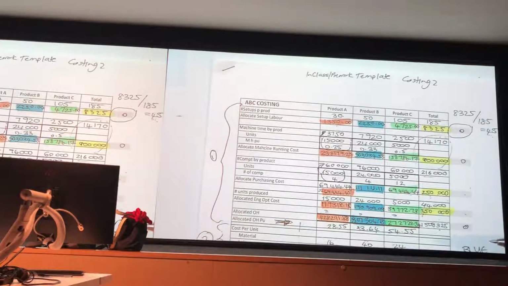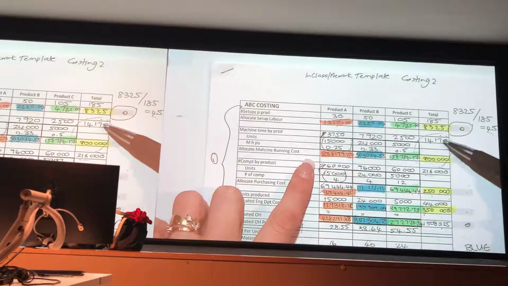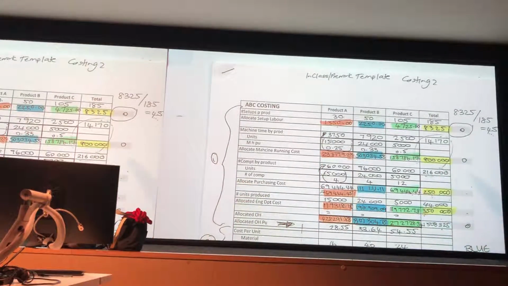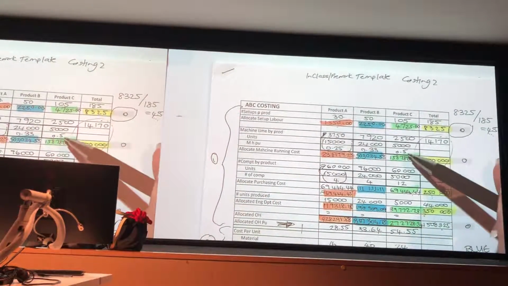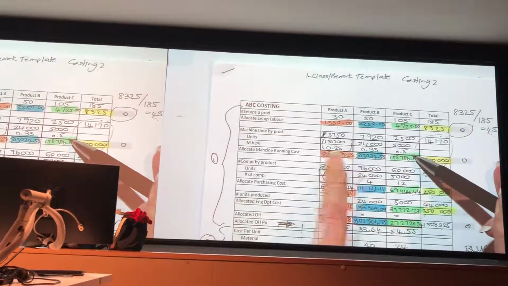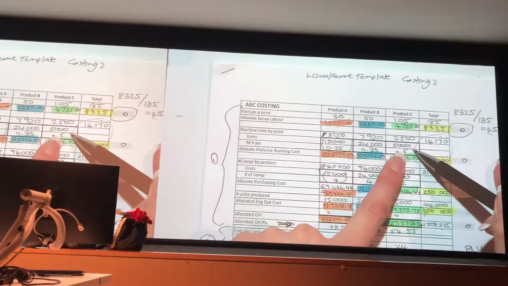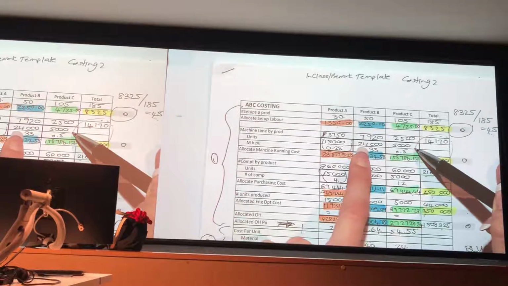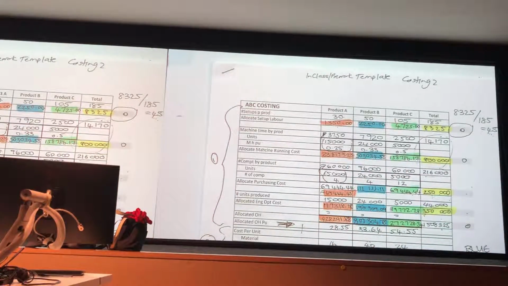So in the particular example, you've got product C is 0.5 of a machine hour. So where we're using the machine cost, if you were to up the units to be similar to the 24,000 units, proportionally it's carrying more of the cost for the machine because it takes the longest to produce.